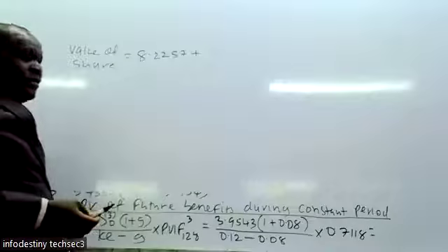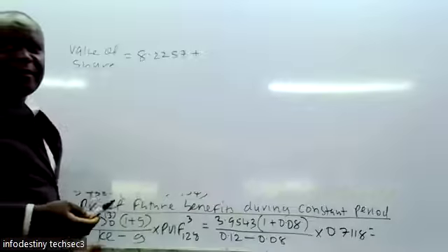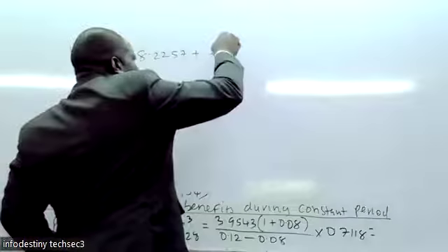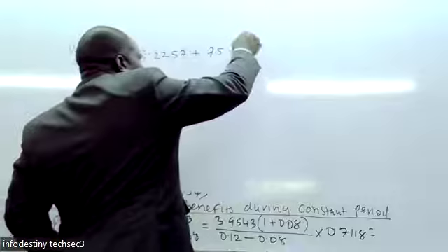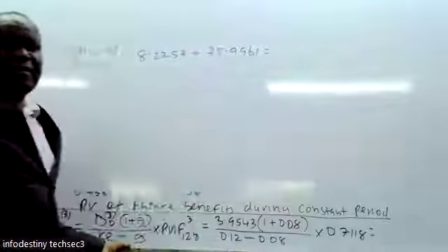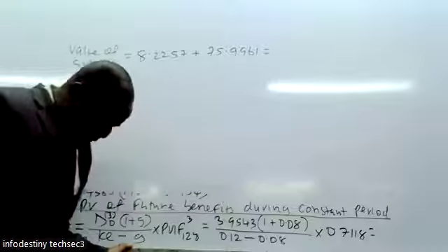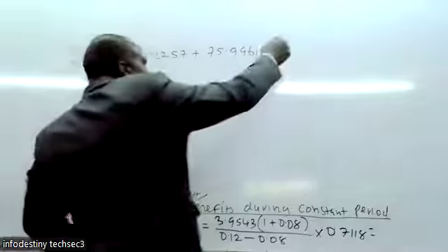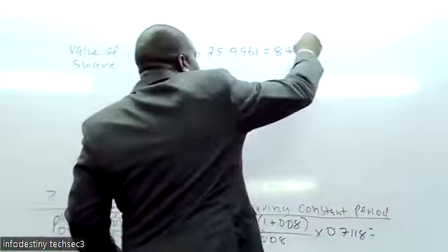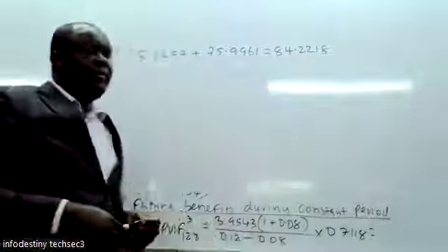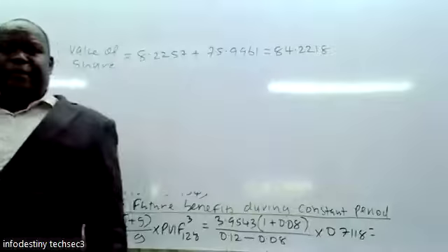Then during the constant period, it has given you 75.961. So when you add them together, what is the value of the share? 84.218. So that now gives you the value of that share.